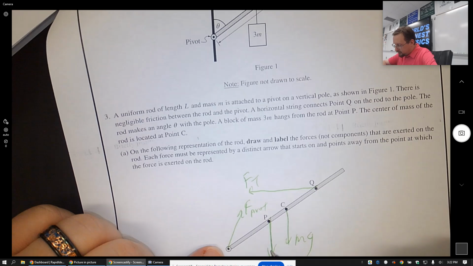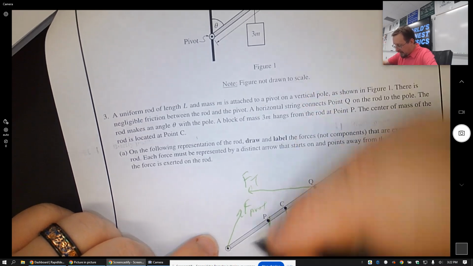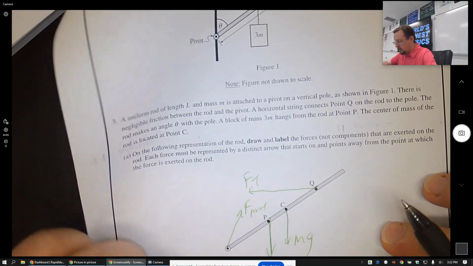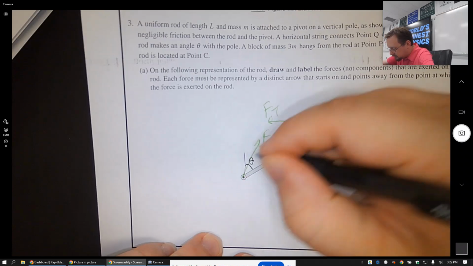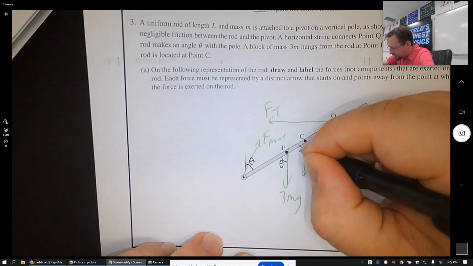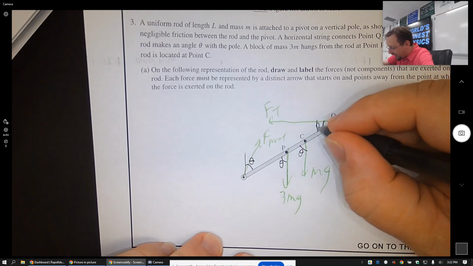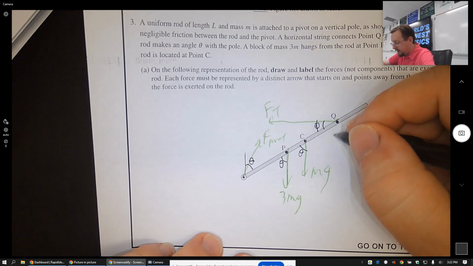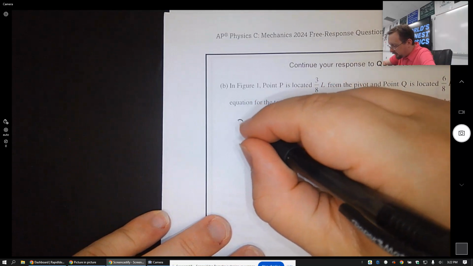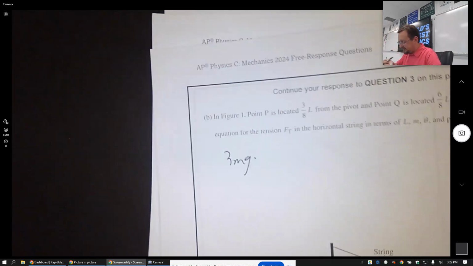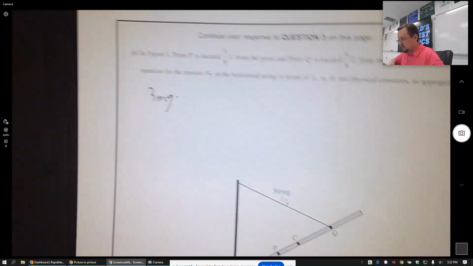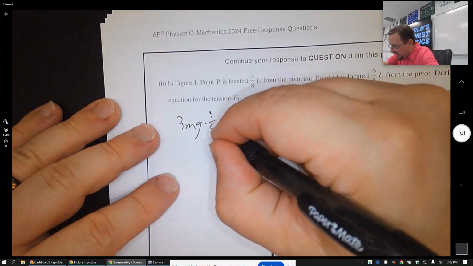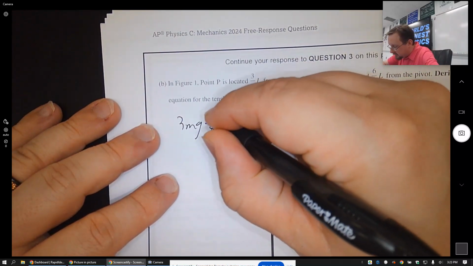Okay, so about the pivot I have two clockwise torques and one counterclockwise torque. Okay, if this is theta, then this is theta, and this is theta, and I'm going to call this phi, which is the complement of theta. So what I'm going to have is a 3 mg acting at a distance of 3/8 L times the sine of theta.